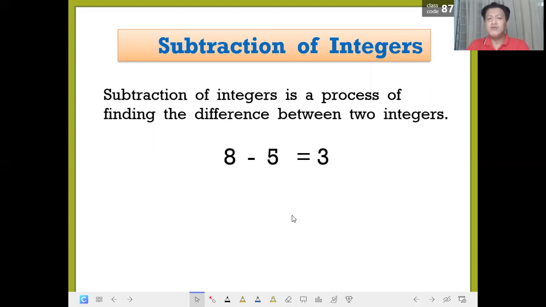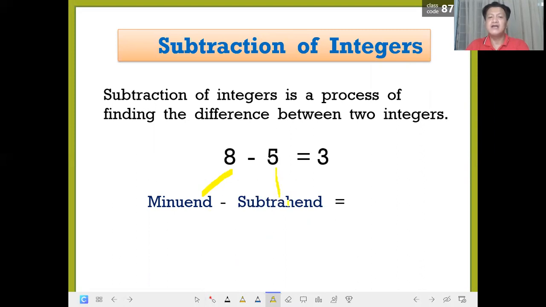Di ba meron tayong parts or ano yung tawag dyan sa mga numbers that are being subtracted in the operation. Meron tayong tinatawag na minuend. Ano yung minuend? Ito po yung number kung saan binabawasan po natin. So we call that minuend. And also, meron tayong tinatawag na subtrahend.